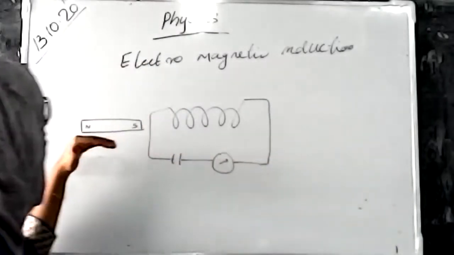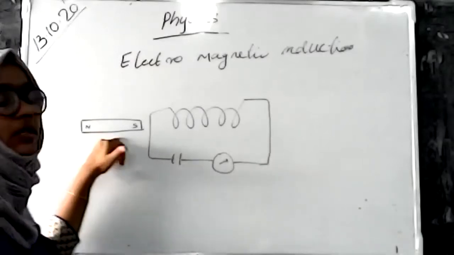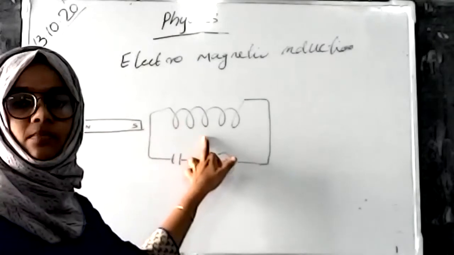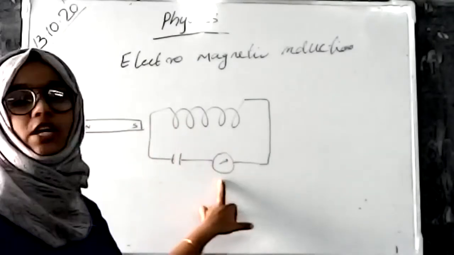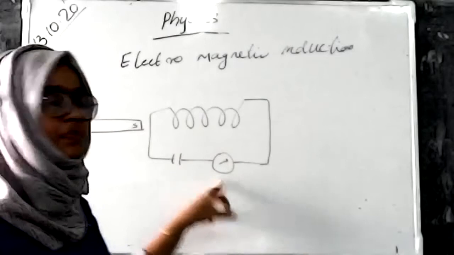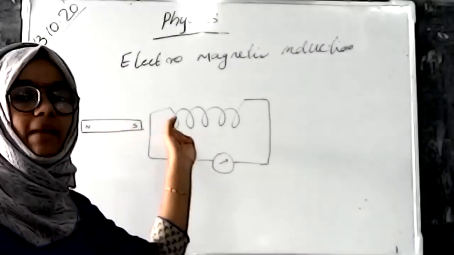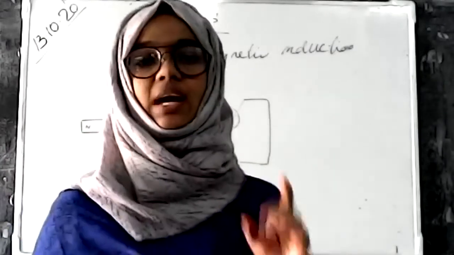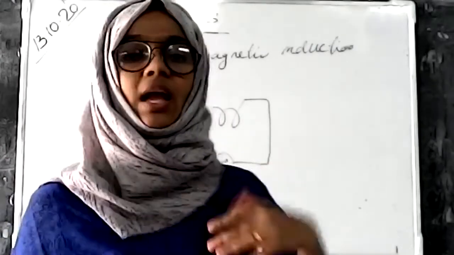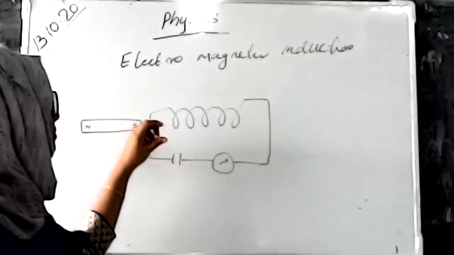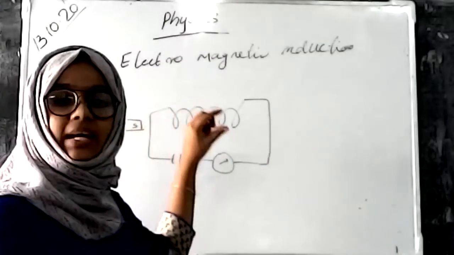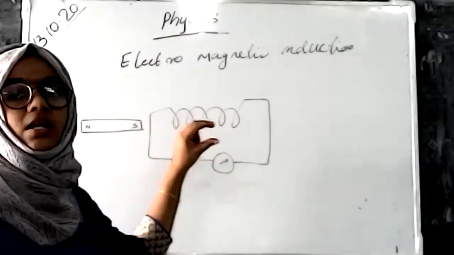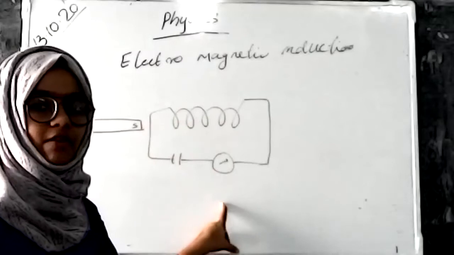First of all, with the bar magnet near the solenoid, there is no deflection in the galvanometer. When we insert the bar magnet into the solenoid, there is a deflection of the galvanometer. When we keep the magnet inside without movement, there is no deflection in the galvanometer.